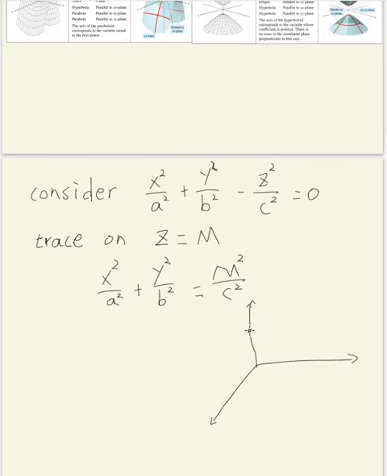Okay, so consider this plane characterized by z equals m. All right, so this is m. What does it look like? It's something that looks like this. Okay, so it is a plane that's parallel to the xy plane, but lifted up by a distance of m. And the trace of this surface on this plane is an ellipse that looks like this.